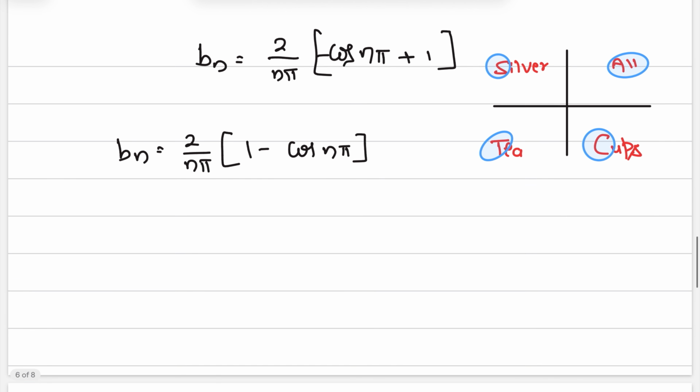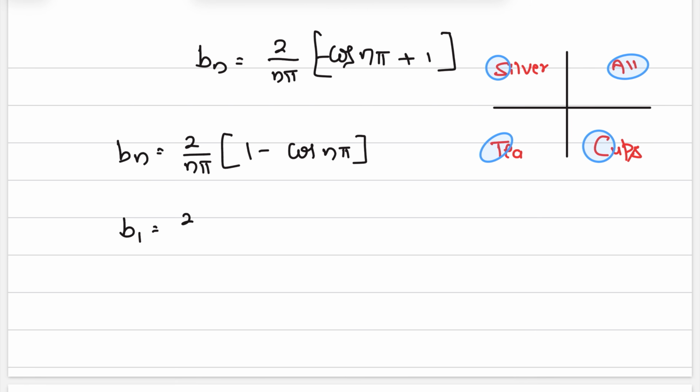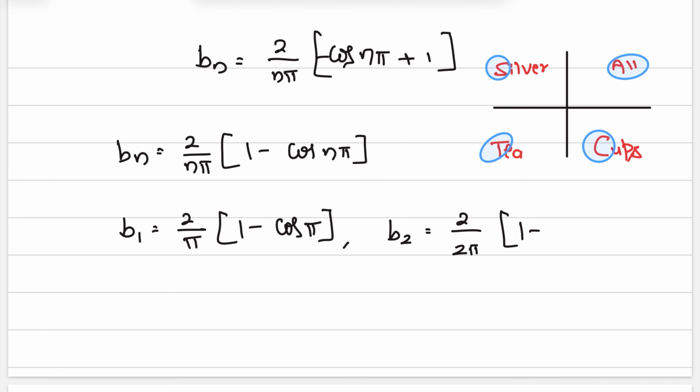Now, what is B1 value? B1 is equal to 2 by pi into 1 minus cos pi. And like that you will get B2 value. What is B2? B2 is equal to 2 by 2 pi, sorry, n pi is 2 pi into 1 minus cos 2 pi.